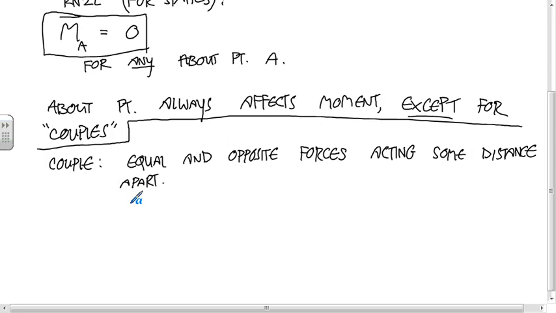And the surprising and unusual thing about a couple is when forces are organized in this way, they produce a moment that's independent of the about point. So no matter what you use as an about point, that couple applies sort of a pure moment with a certain value. And I'm going to do a derivation of what that is.